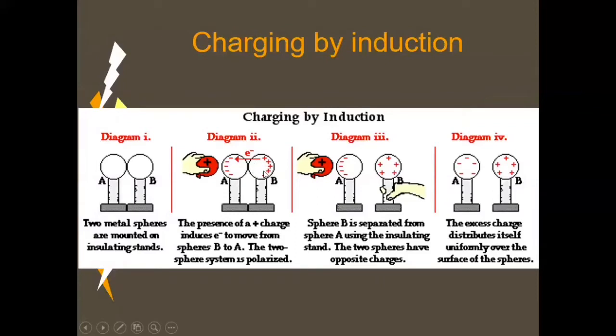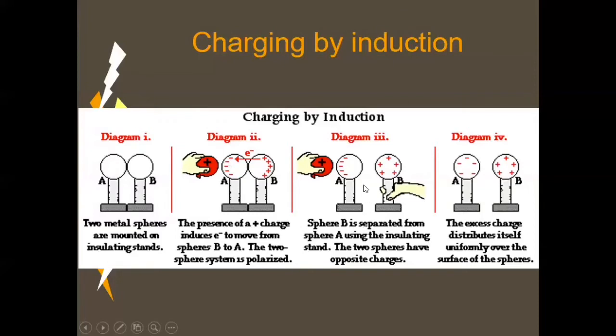This does not mean that the protons moved from here to here, but rather it means that all the electrons from this and all the electrons from this moved towards this farthest end. And remember that protons never move.